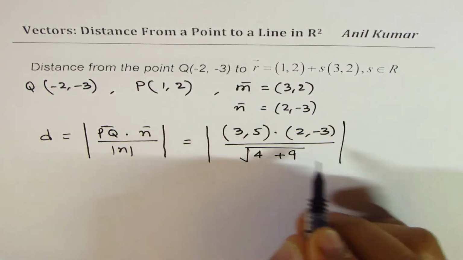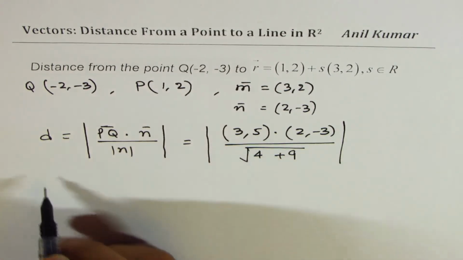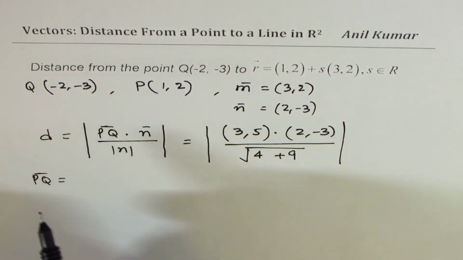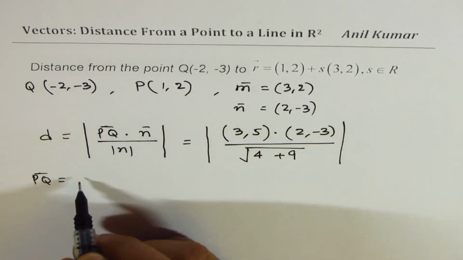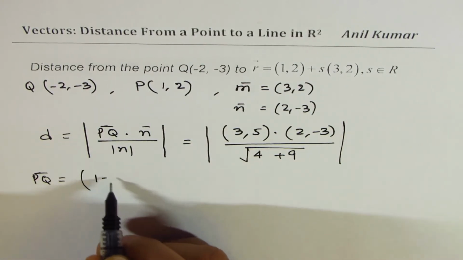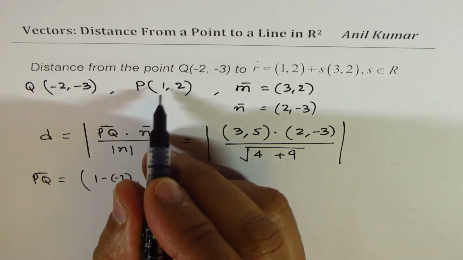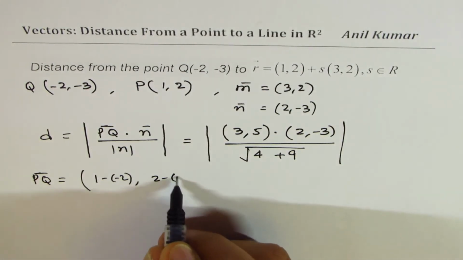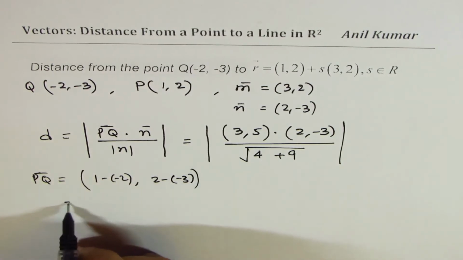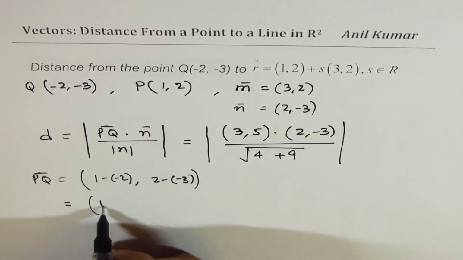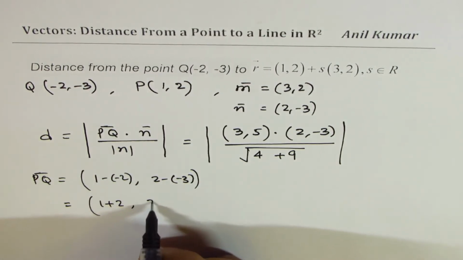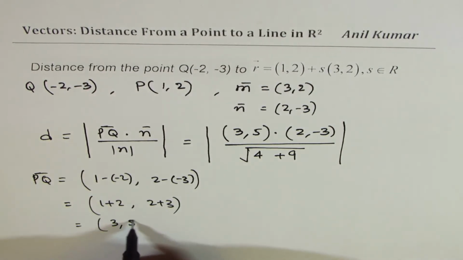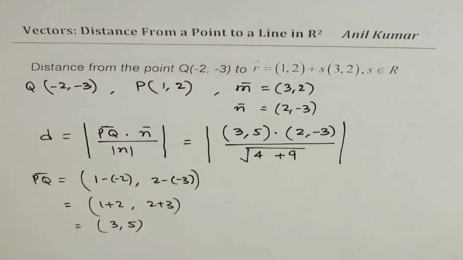So I'm doing some shortcuts. I hope that is clear. We wrote PQ, or you can say QP, it's one and the same thing, as 1 minus (-2), and then 2 minus (-3), which was 1 plus 2 and 2 plus 3. That is how we got (3, 5), right? I hope that is clear, correct?